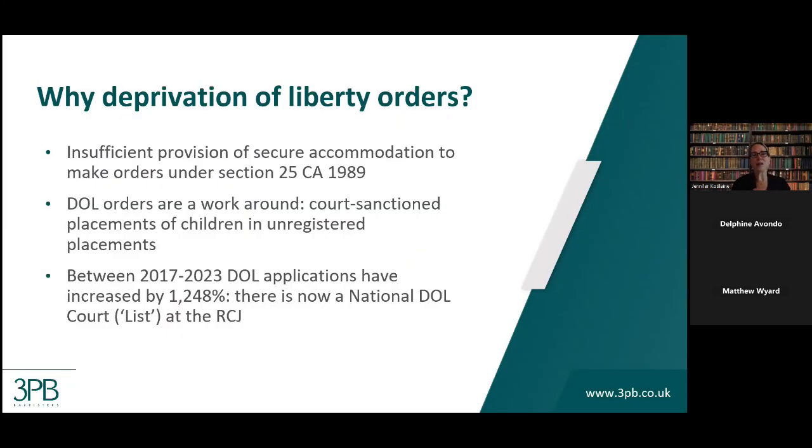Well, on this slide, I have said that there's an insufficient provision of secure accommodation to make those Section 25 orders. But orally, I'm going to say that the provision is woefully inadequate. I was looking at the Department for Education statistics as of March 31st this year. There are 14 homes in the country.